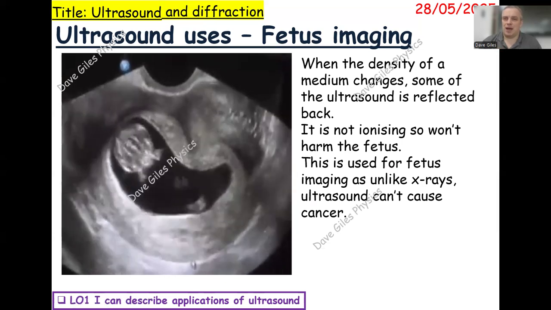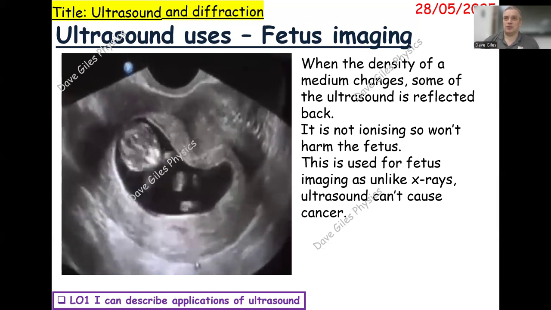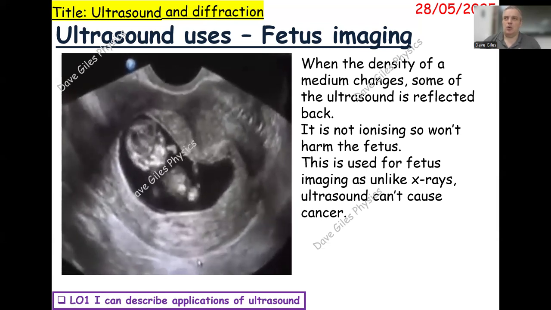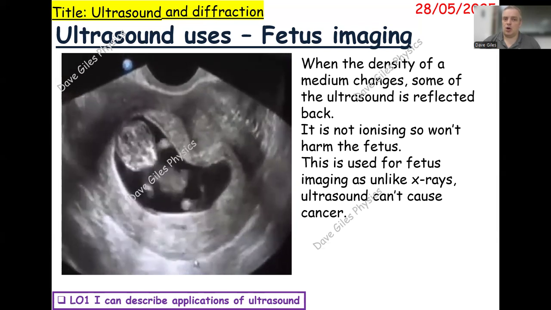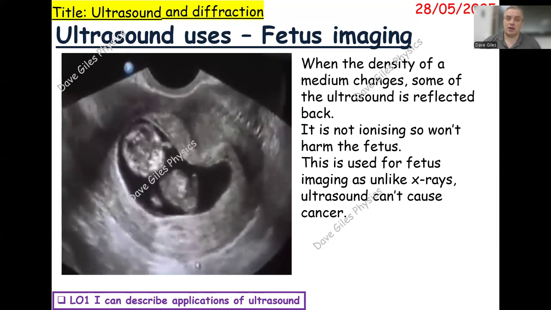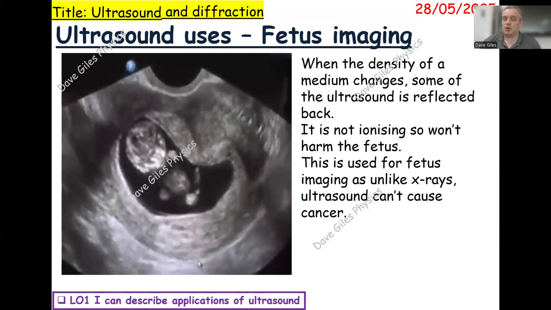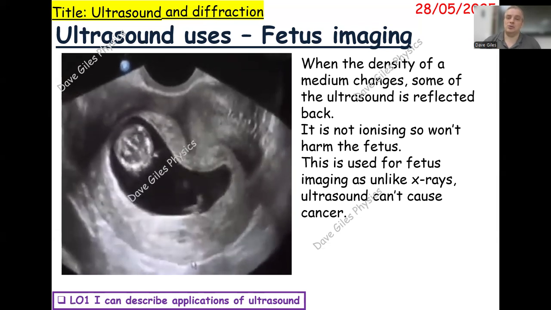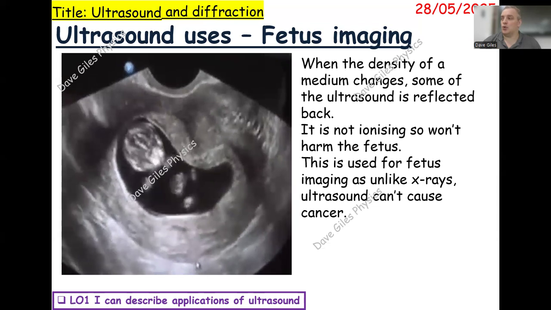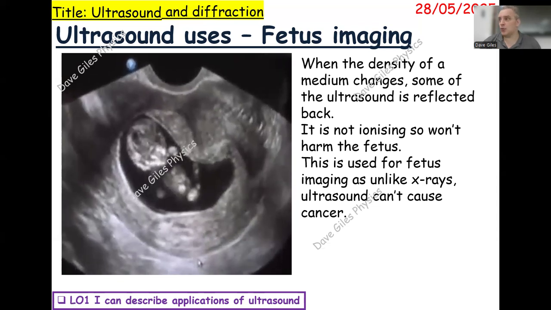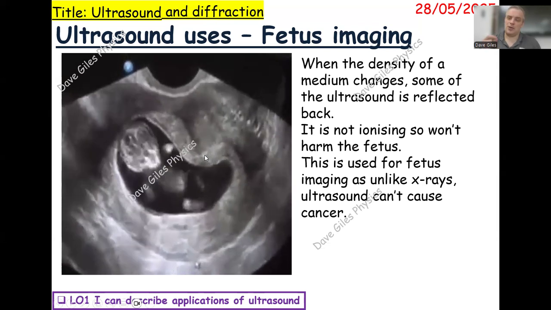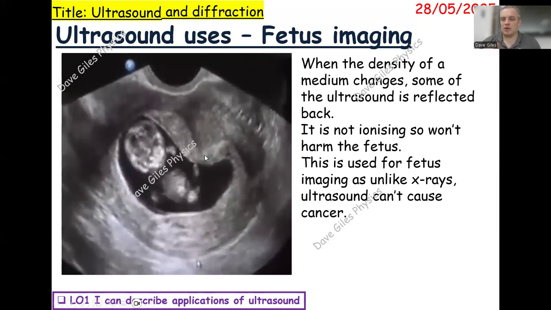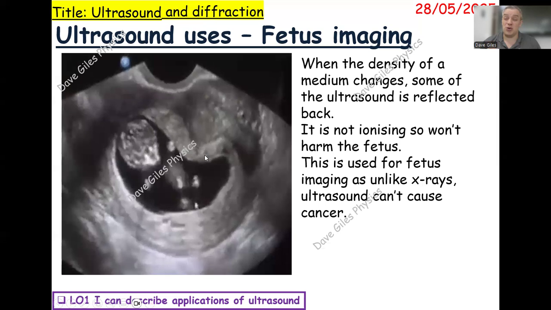However, a fetus is still developing, so they're a lot more susceptible to ionizing radiation. So the last thing you want is to give an X-ray to a fetus, because it could cause birth defects.